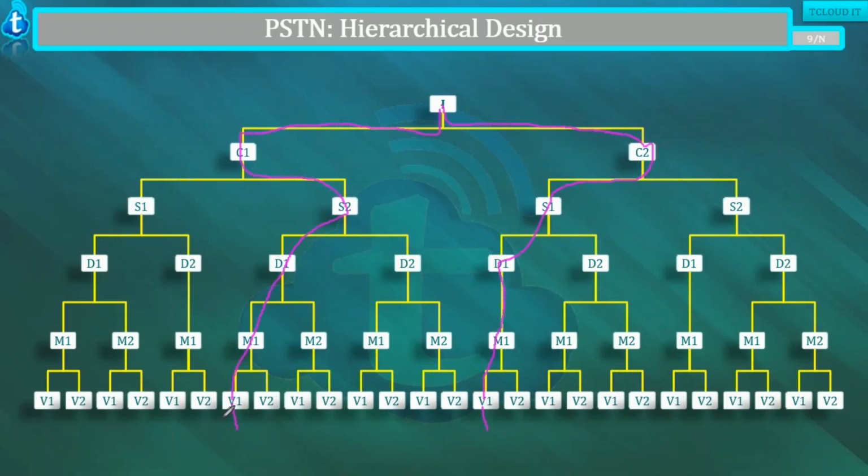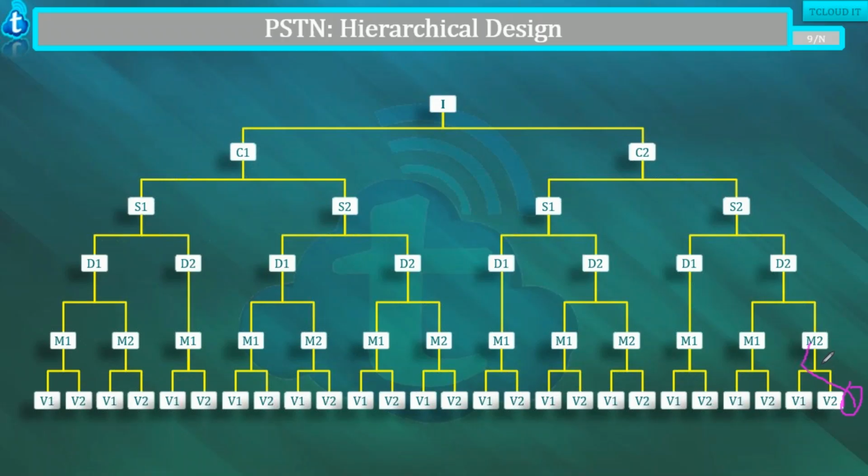Even if a new exchange comes up tomorrow, the worldwide architecture won't change. For example, if a new exchange, maybe a village 3, comes up somewhere here, that village 3 will get connected to this mandal 2 exchange. That's it. You don't need to lay down thousands or lakhs of cables to connect those devices to all the other devices in the world.